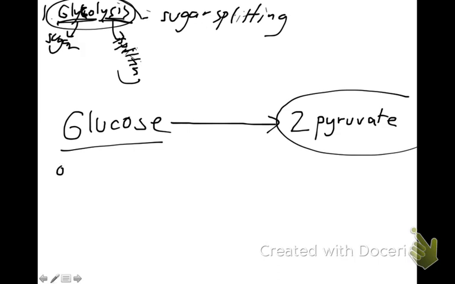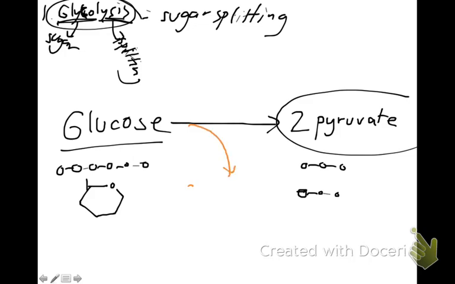So if glucose is a 6-carbon compound, 4, 5, 6, and most of you know it as the ring structure, glucose is going to be broken down into 3-carbon compounds. So 2 3-carbon compounds.